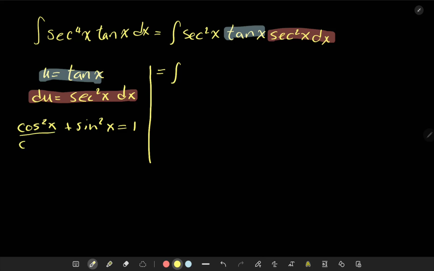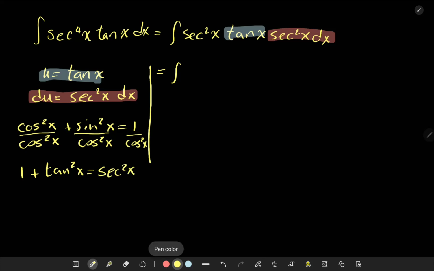If you divide every term by the cosine squared, that turns into 1 plus, this is sine over cosine which is tangent, so this whole thing is tangent squared. And 1 over cosine is secant, so this is secant squared. So you see this secant squared.